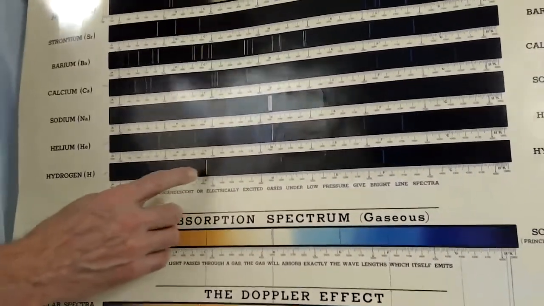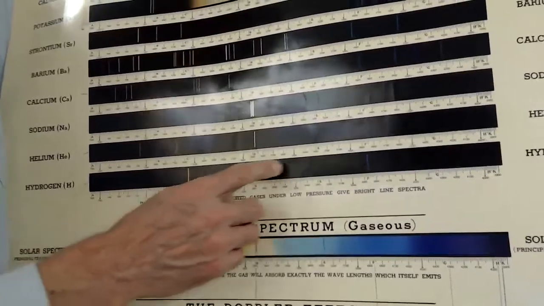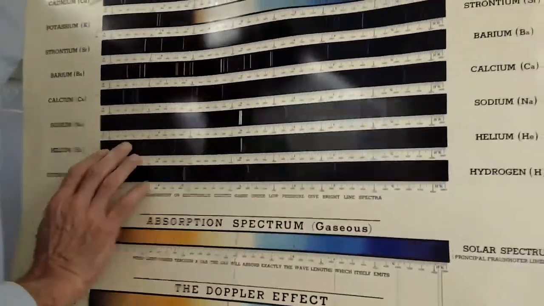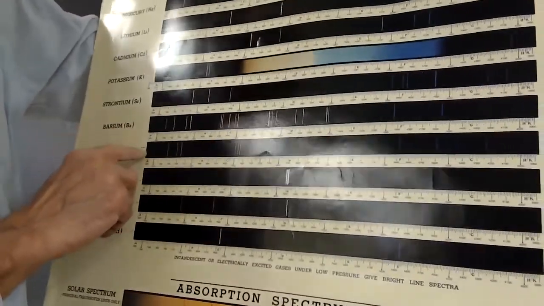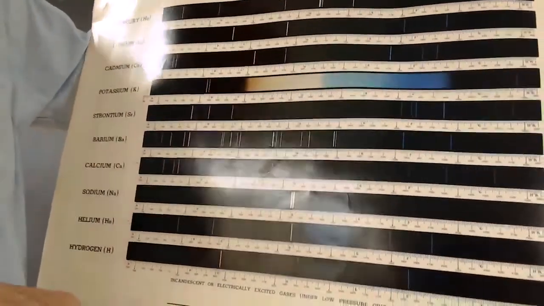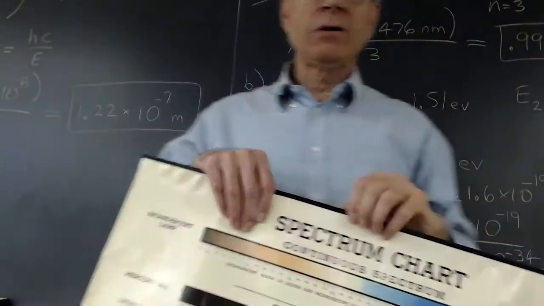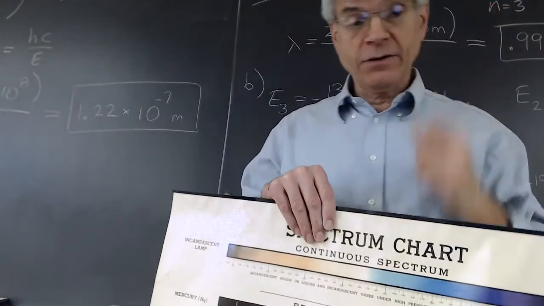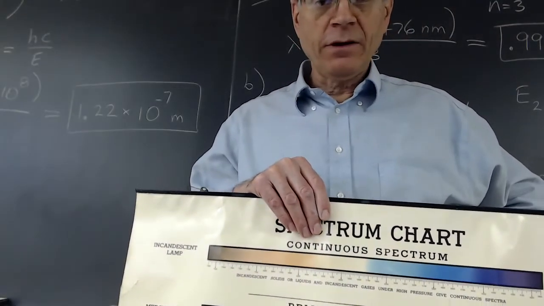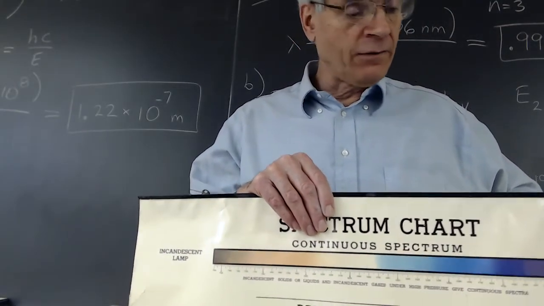You've got a red line there and kind of a blue-green line over here, a couple of violet lines on the edge. Some of these other elements are a lot busier, but the point is each chemical element has its own characteristic pattern of lines, which serves as a fingerprint you can use to identify an unknown substance.